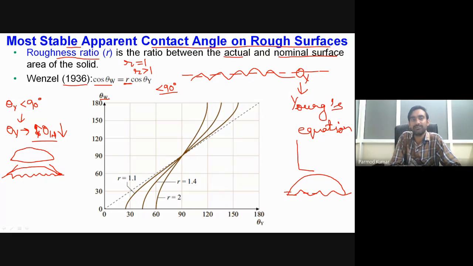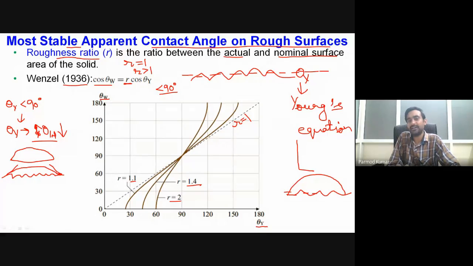Over here along the ordinate we have theta w, and along the abscissa we have theta y. You can see when our roughness ratio is equal to 1, we have this dashed line over here. When the roughness ratio is increasing, 1.1, 1.2, 1.4 or 2, for theta less than 90, you can see that for a given value of theta y, the Wenzel contact angle is decreasing.